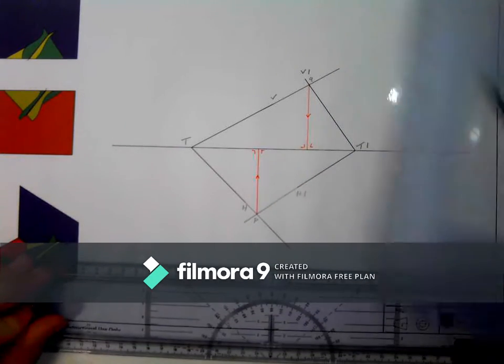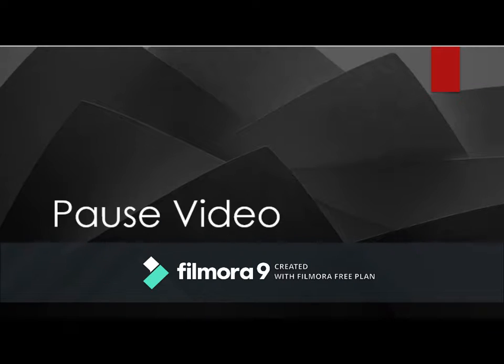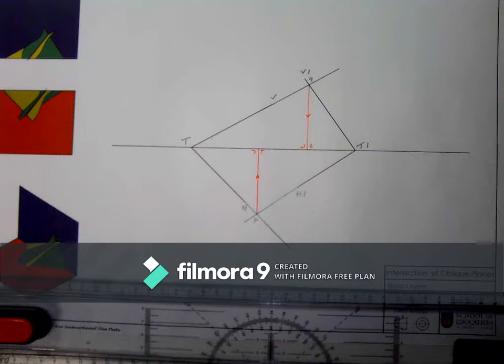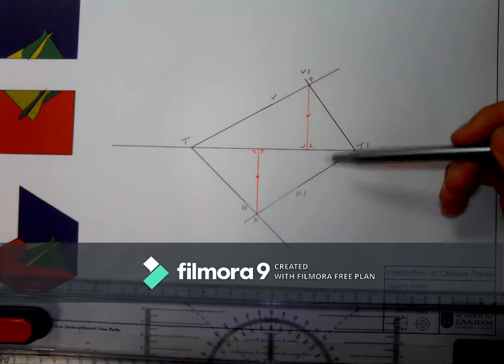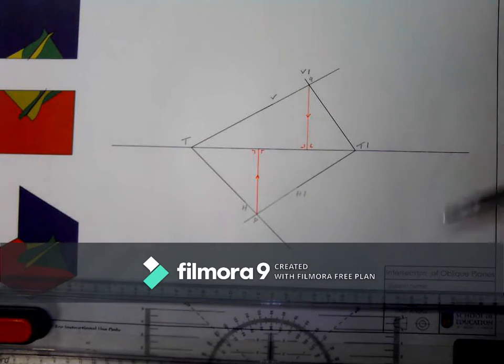Okay, now from this, our points P and Q, what can you see about these two points? So both of these points are resting on our vertical and our horizontal plane. So point Q on our vertical, point P on our horizontal.